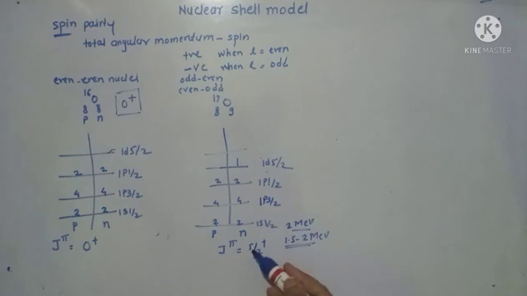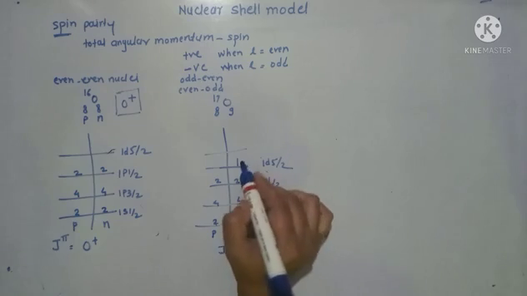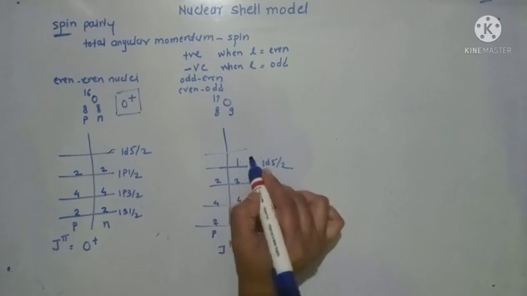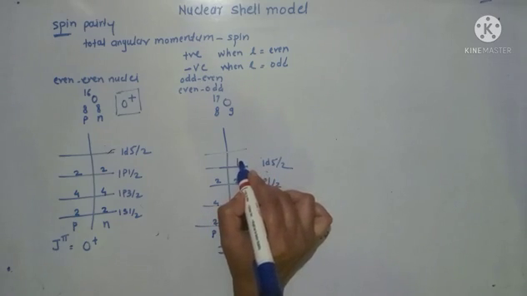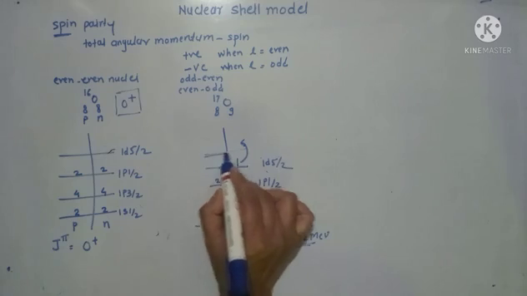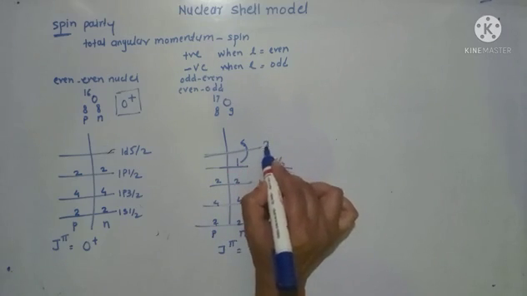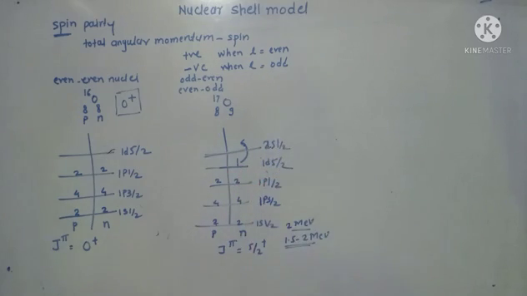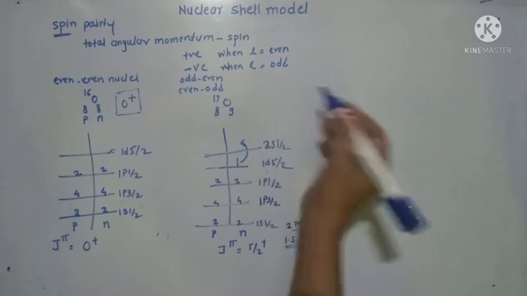If I am able to supply 2 MeV of energy to this nucleus, the unpaired neutron will jump from this state to the next state, which is 2s 1/2.